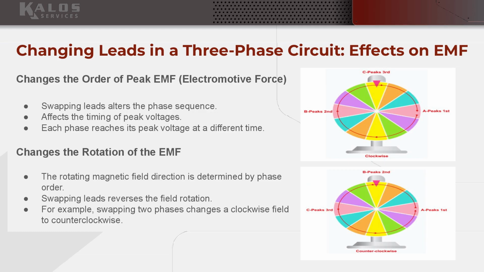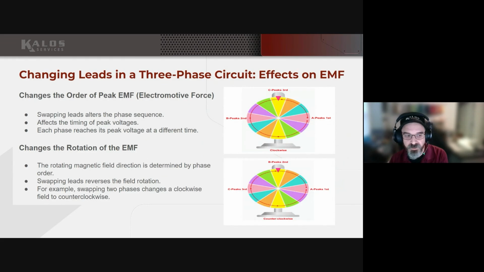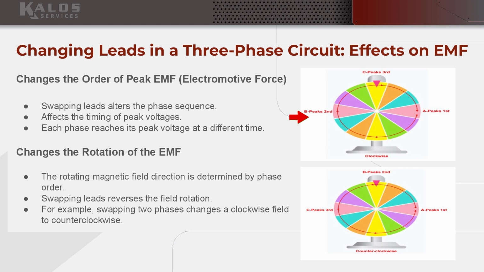Okay, so this is a little bit more on that same topic. By changing the leads, what we're effectively doing is we're changing the direction of the electromotive force that we are inducing in that motor, right? And so in this graphic here, on the top graphic, we can see we've drawn a circle with arrows indicating the direction of rotation.